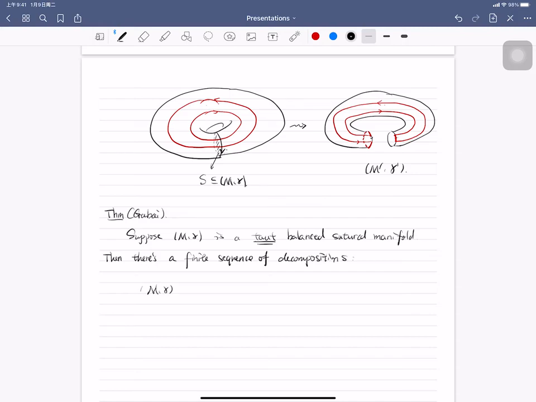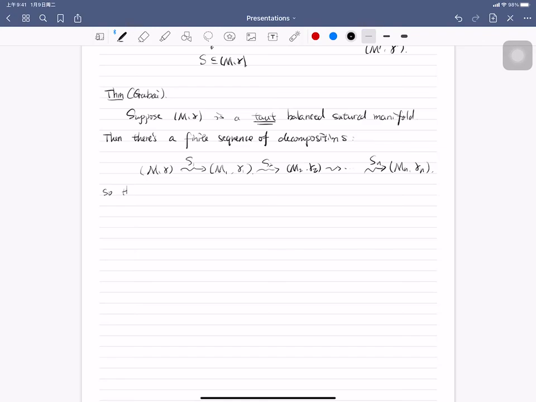Okay, so we start from our M gamma, and we can find a surface S1 to get M1 gamma 1, and then there will be a second surface S2 to get M2 gamma 2, and we decompose. But it will end at a finite step, so that each Mi gamma i is taut, and Mn gamma n is a product suture manifold.